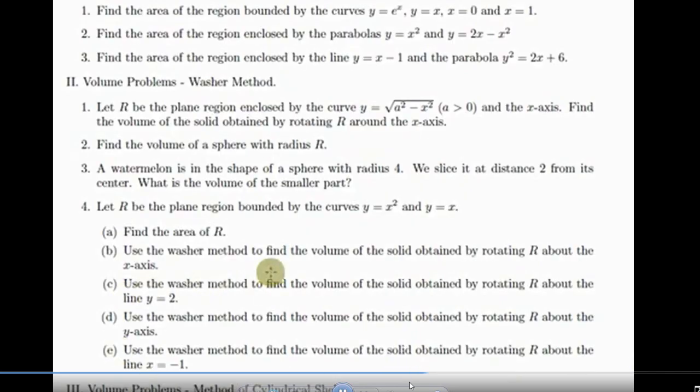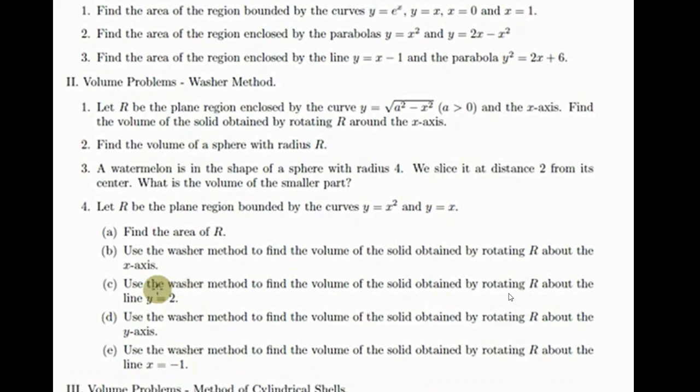In C, the plane region is the same. Just the line of rotation is different, or the rotation axis is different. The rotation axis in C is the horizontal line y equals 2. Right.